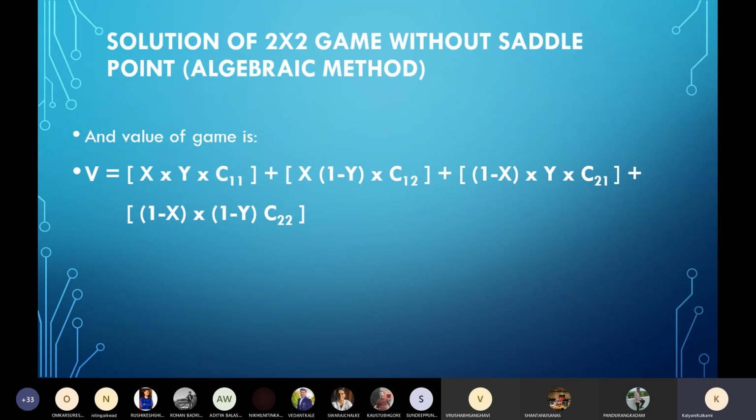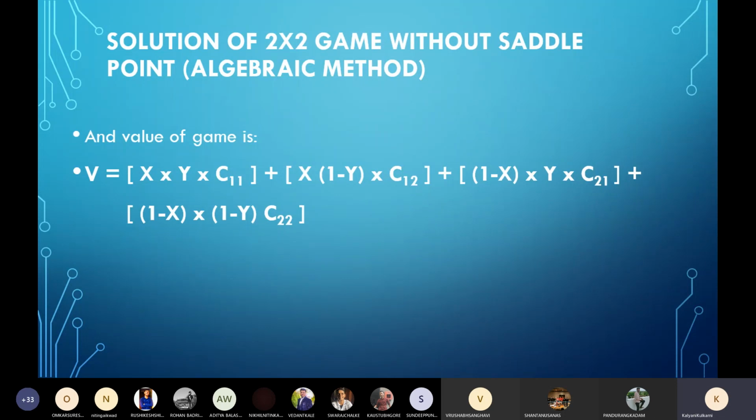Okay. So in the game theory algebraic method, if you remember x, y and this particular equation, then it is hardly a 2-minute example. You just have to substitute those values and get x, y, 1 minus x, 1 minus y, and value of game. If the matrix given to you is 2 by 2 directly in the exam, this example will come for 4 marks.